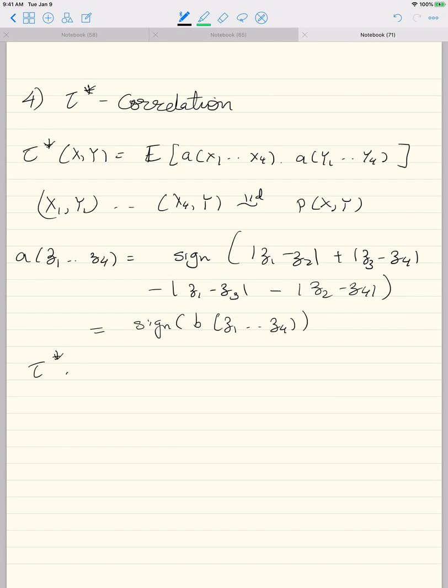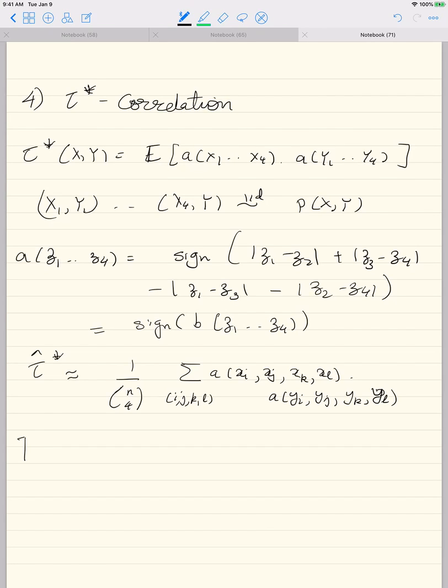Tau star can be approximated using the empirical estimate given a data set like this. So we take all distinct 4 tuples, choose 4 of them and take the empirical average across these.